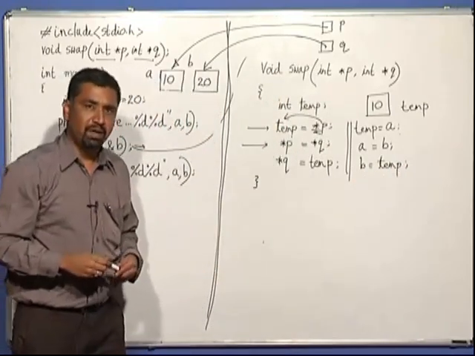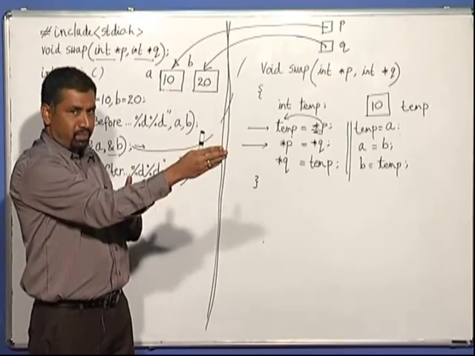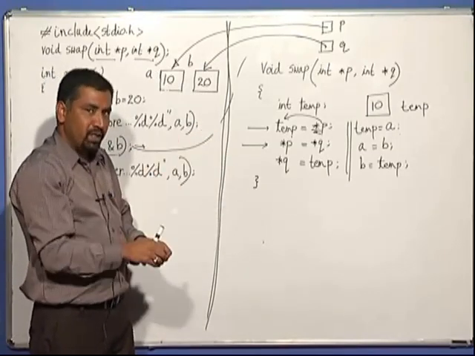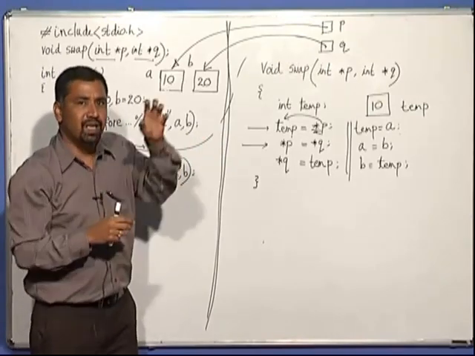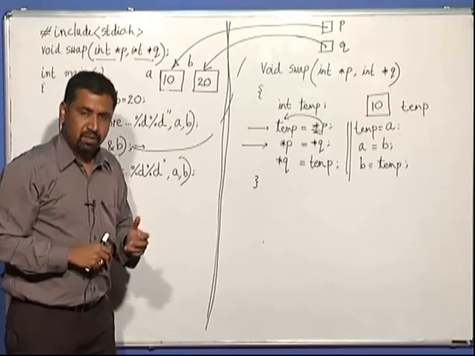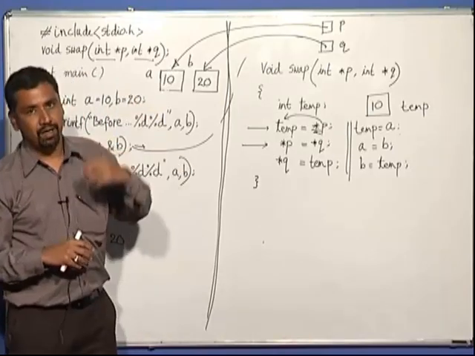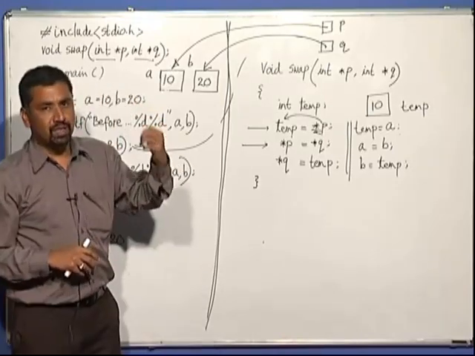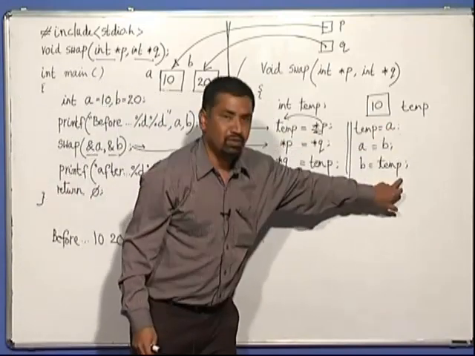From whatever little we have learnt, once we make a connection between a pointer and a variable, if the pointer is P, star P will give you the value, or it is synonymous with the name of the variable. P points to A means star P can be used just as A. Star Q is nothing but B. So, this thing can be thought of as equivalent to this.